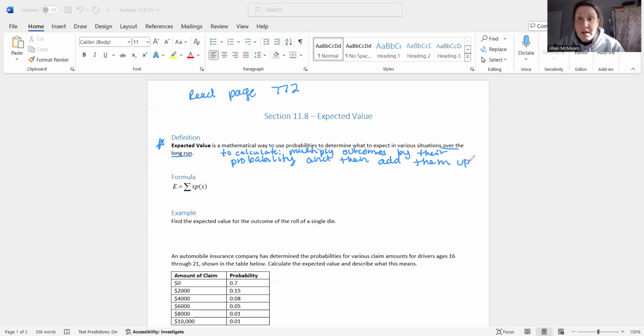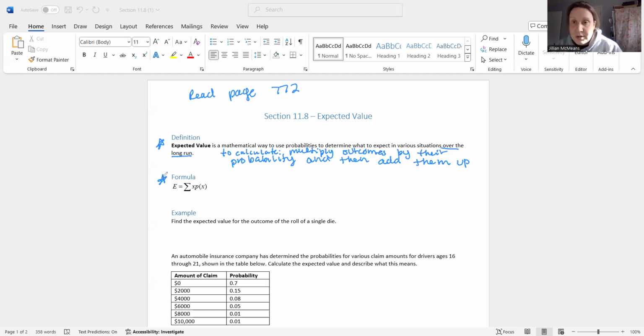That is the standard way to calculate expected value. No matter what you're looking at, you're going to have particular outcomes. Each outcome is going to have a predicted probability. And then you take the outcome, you take the probability, you multiply them, and then you add them all up. And that's exactly what this formula is saying.